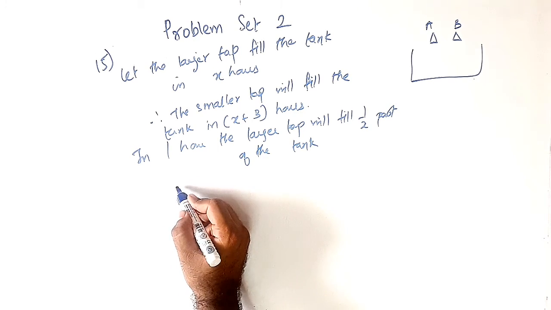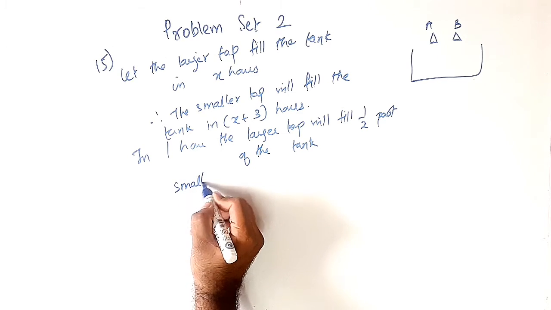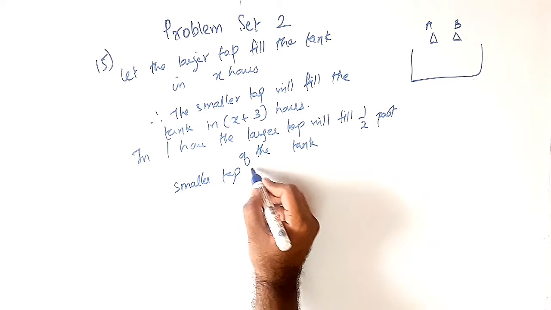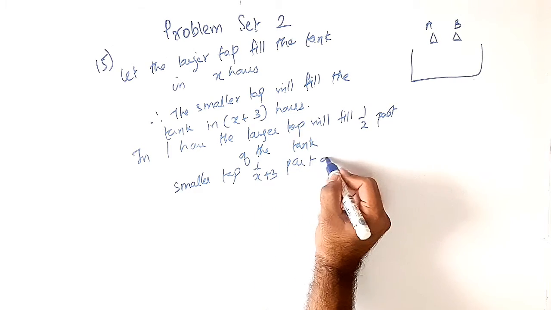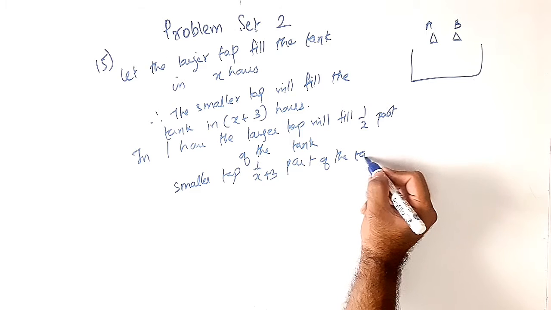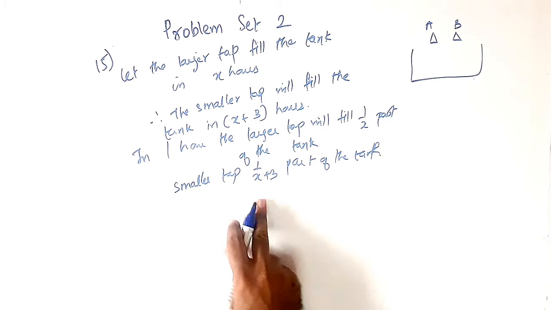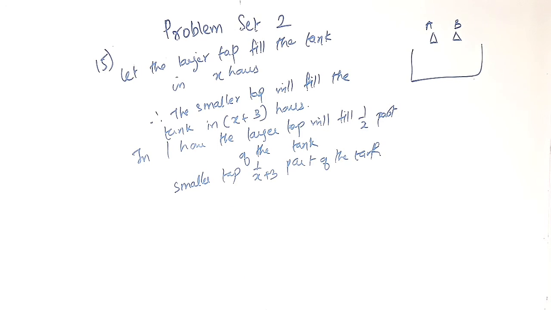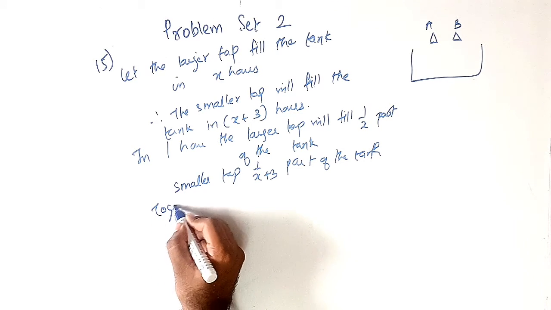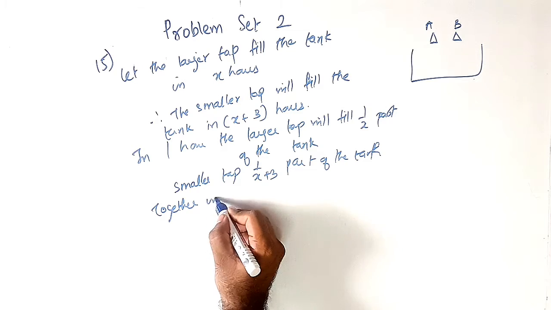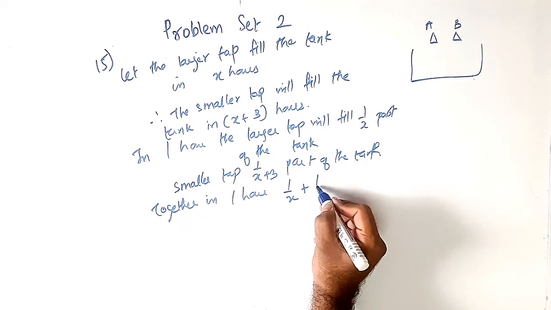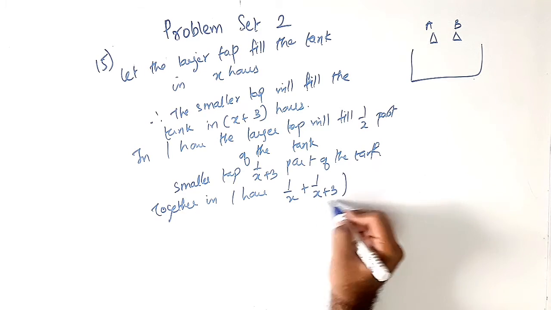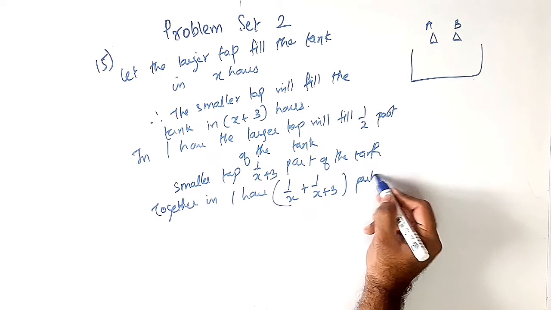So smaller tap will take 1 upon x plus 3 part of the tank. Smaller tap will fill this much part of the tank. Together in 1 hour they will fill 1 upon x plus 1 upon x plus 3 part of the tank.